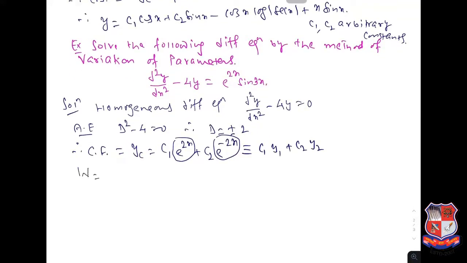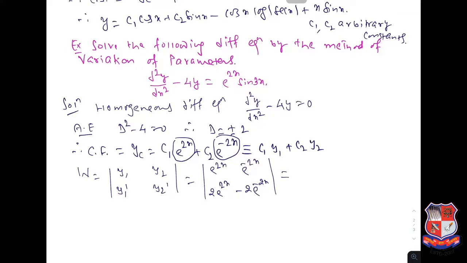Now find W, and that is the determinant y1, y2, y1 derivative, y2 derivative. So y1 is e power 2x, y2 is e power minus 2x. Now the derivative of e power 2x is 2 e power 2x, and this is minus 2 e power minus 2x. Now we can evaluate this determinant.